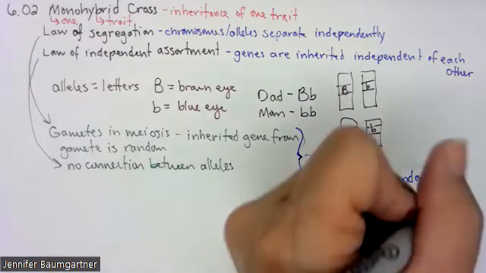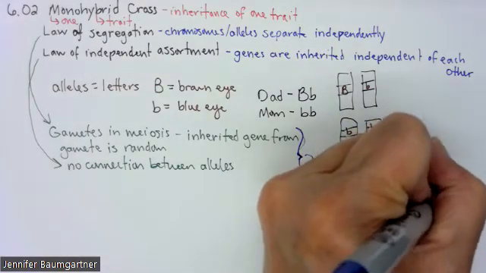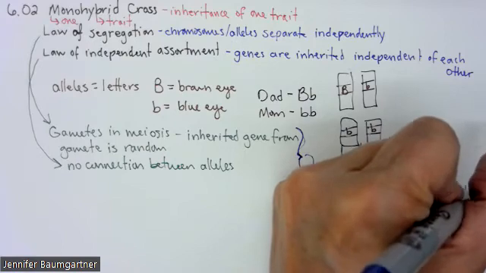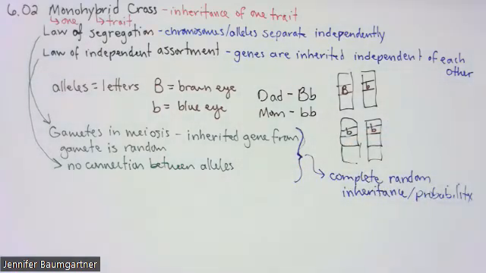Or probability. So I just introduced the P word. At its essence, genetics is a study on probability. And if you take a statistics course, they'll talk about a lot of different ways to look at probability.